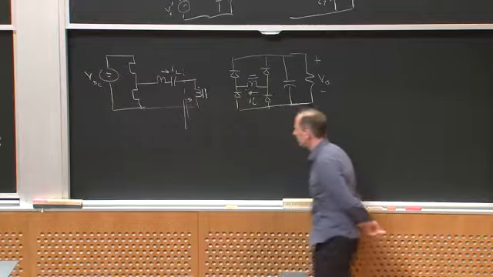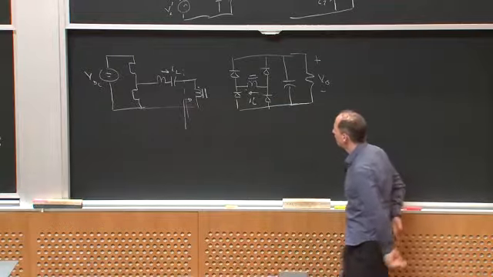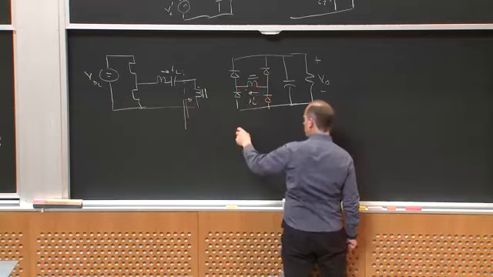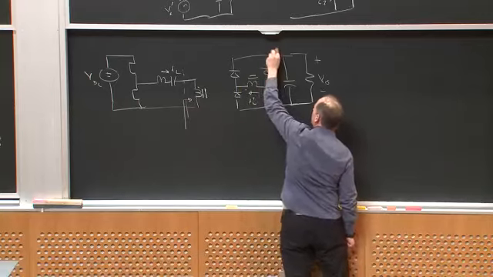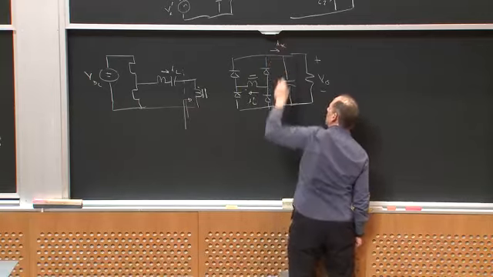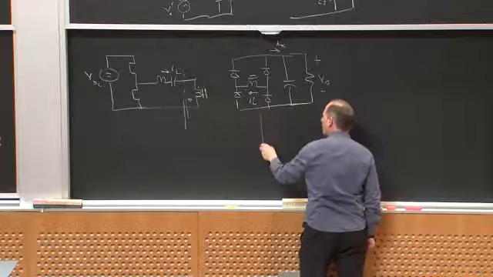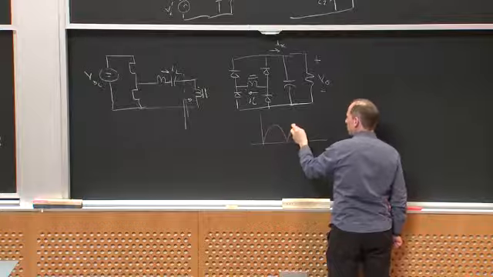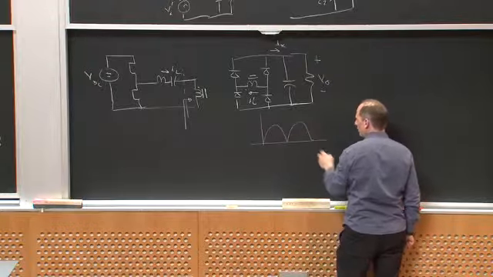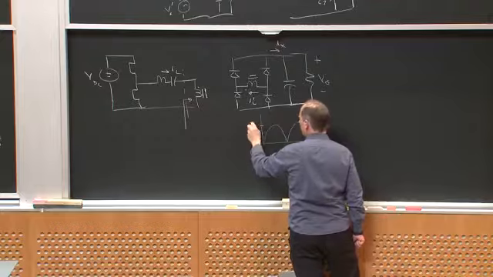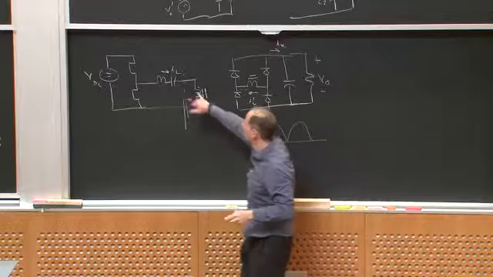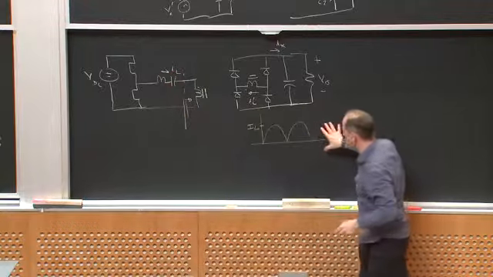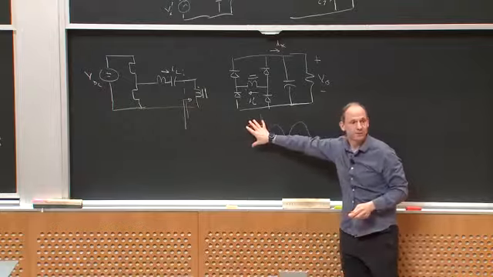Well, if IL is a sinusoid, basically I'm going to take a sinusoidal current and then I'm going to rectify it. So then IX here would look exactly like a rectified sinusoid of amplitude, let me call this I sub L, right?